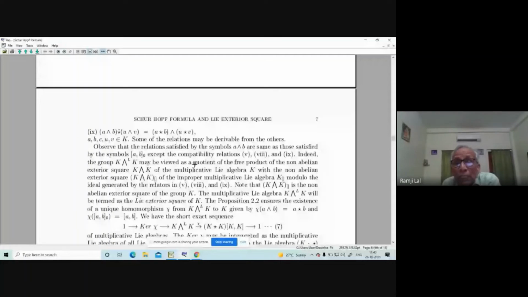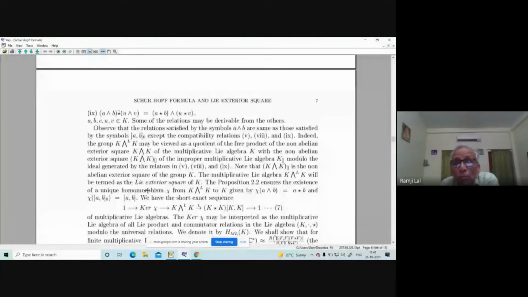And note that this is the non-abelian exterior square of K, and this, if you go for this, is the usual Schur multiplier for K. So this is the free product. We can talk of the concept of the free product as we have already introduced the notion of presentation of the multiplicative Lie algebra. So that can be introduced.